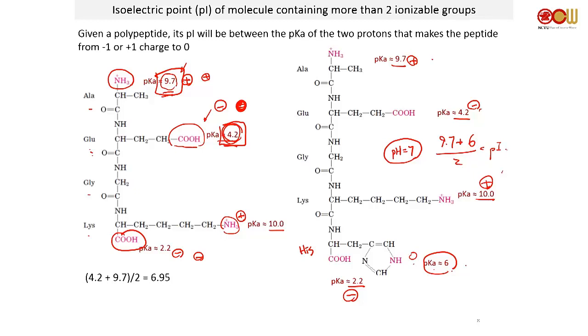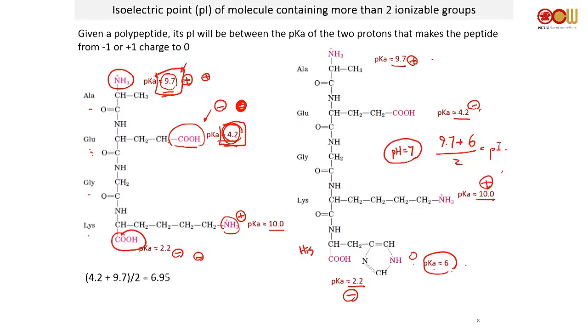So you always try to first find a pH in which the molecule becomes neutral, just by assigning positive, neutral, minus. And then you take the pKa above this pH and below this pH, divide by 2.